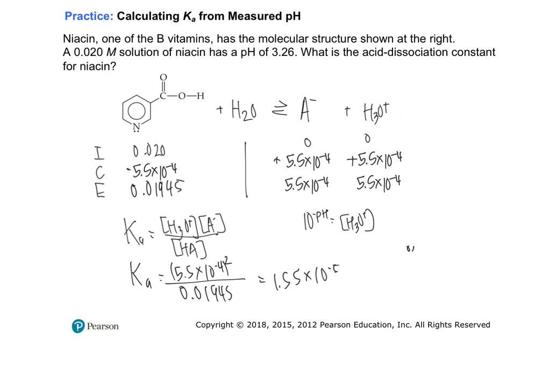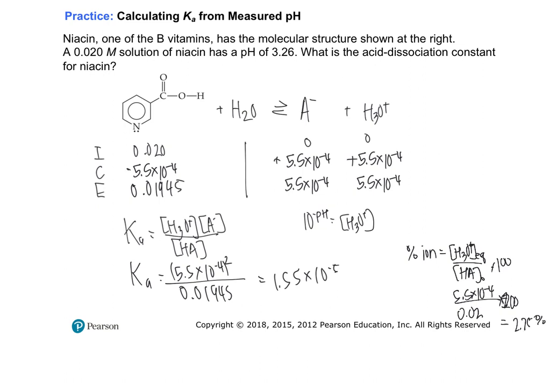Let's also find our percent ionization. And so that would be hydronium at equilibrium over our initial acid times 100. So we'll do 5.5 times 10 to the negative 4 over 0.02 times 100, and we have 2.75.